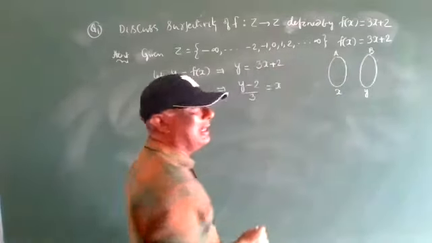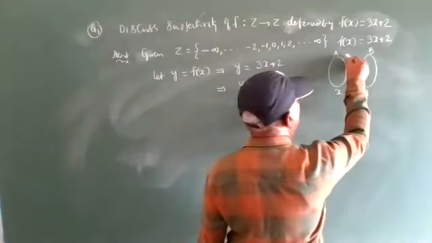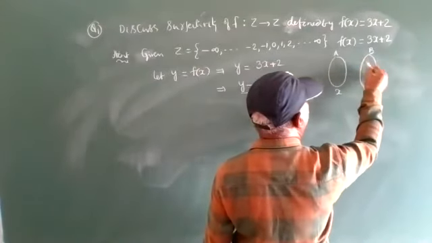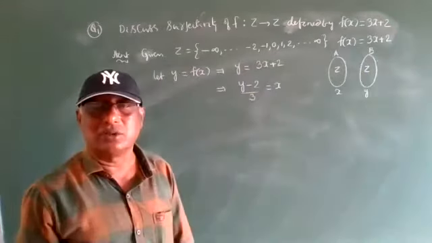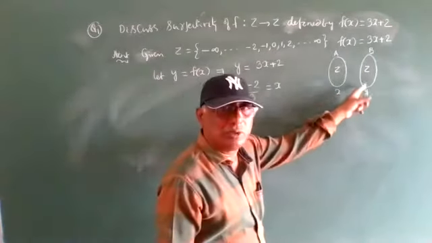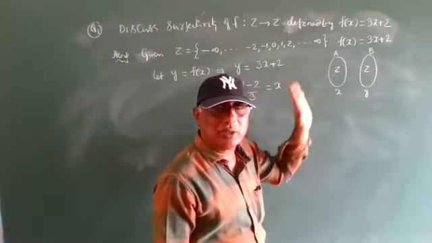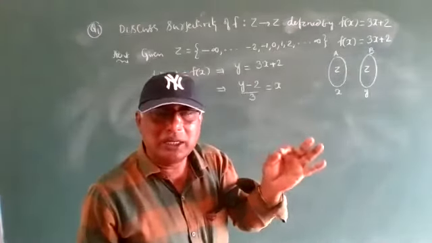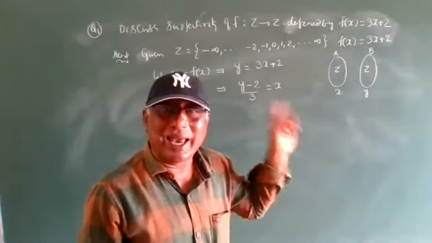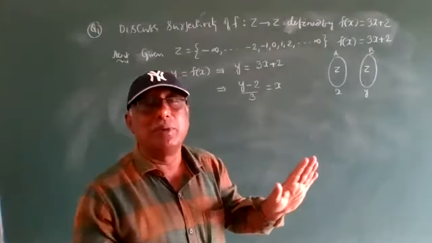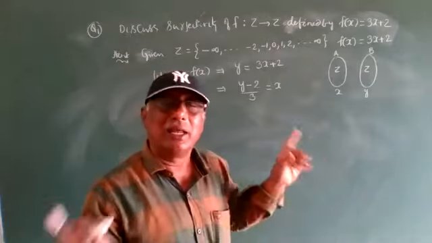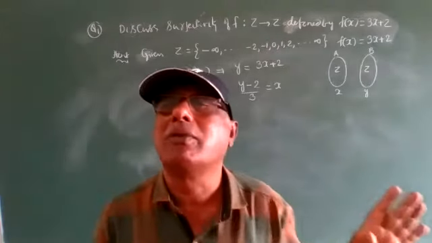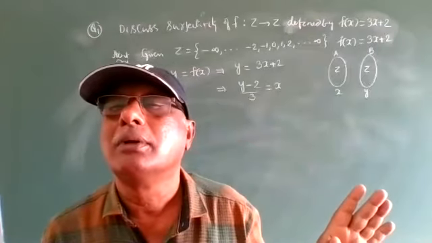The second set is integers and the first set is also integers. The y value is an integer and the x value is also an integer. Substituting an integer y value, we get an integer x value. Simply we say that it is onto. If any one condition fails, then it is not onto.